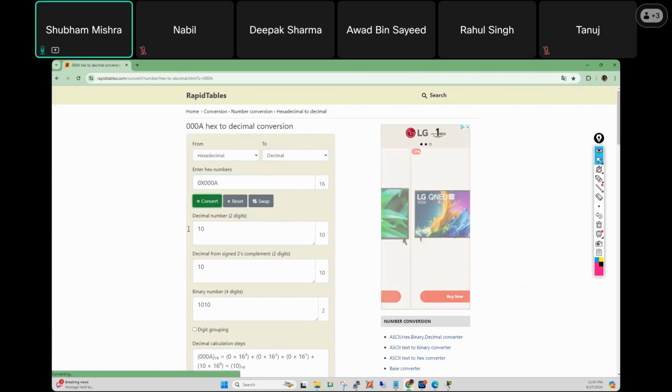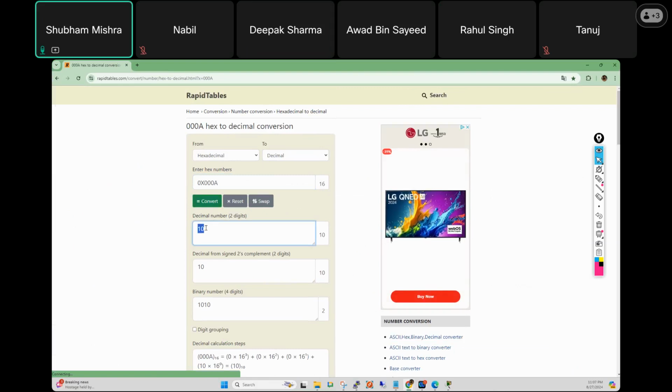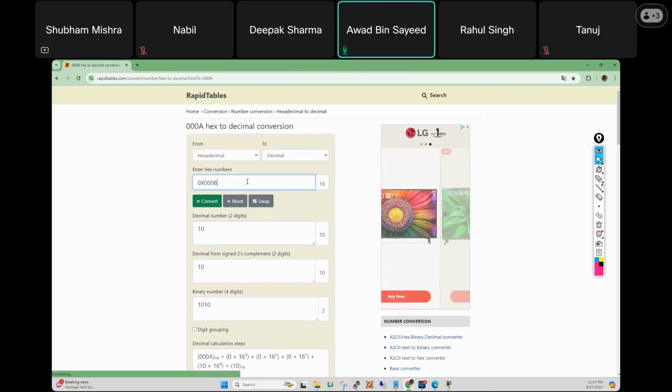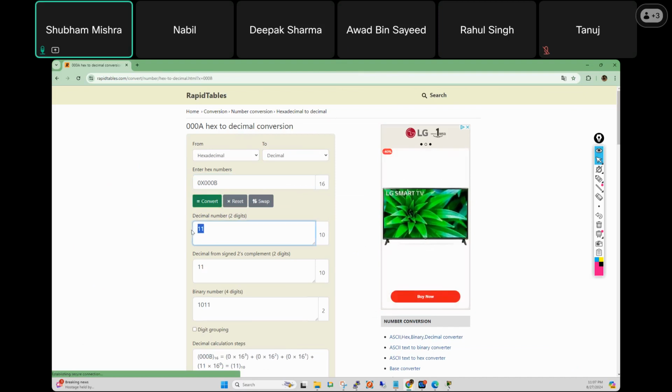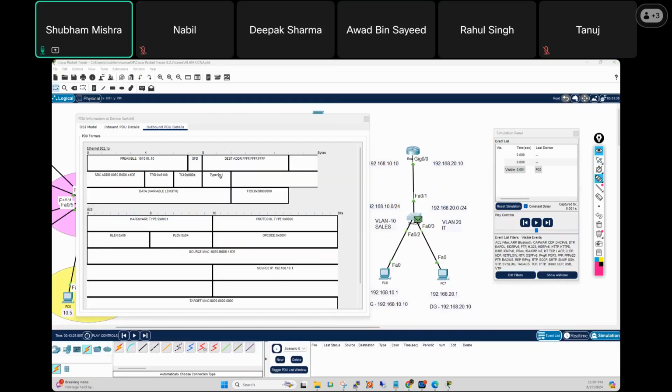What is the value? 10. Understand? Let's suppose B, the value is 11. So this is the hexadecimal value. It means this is the VLAN number 10 tag. This is VLAN number 10.